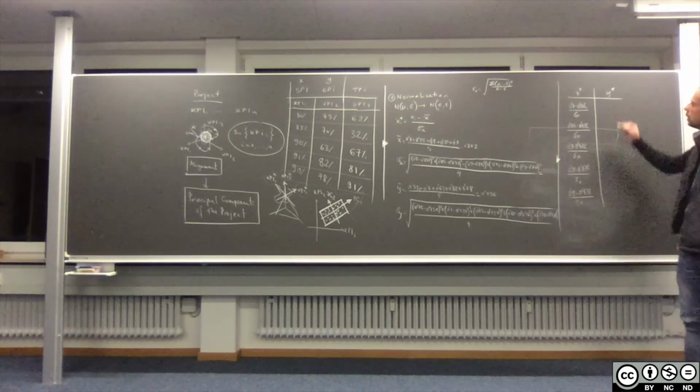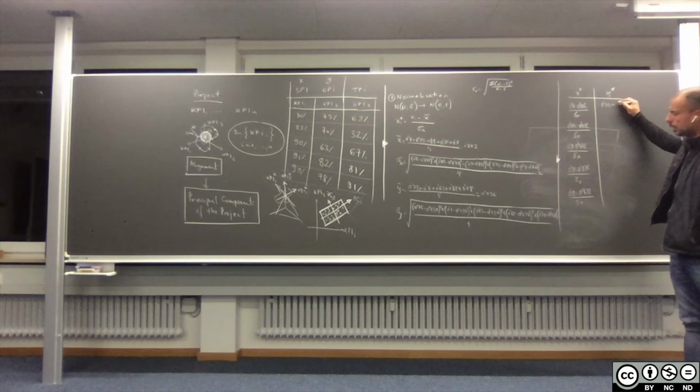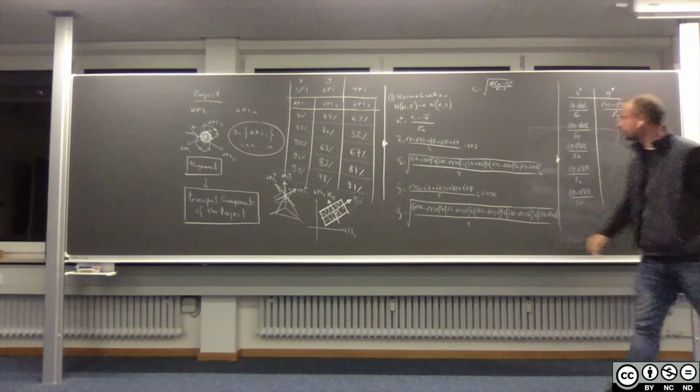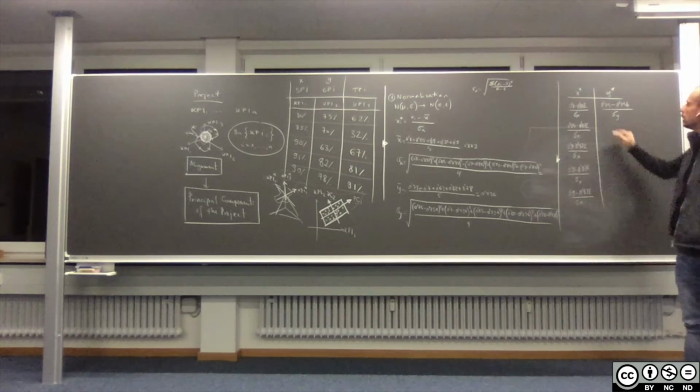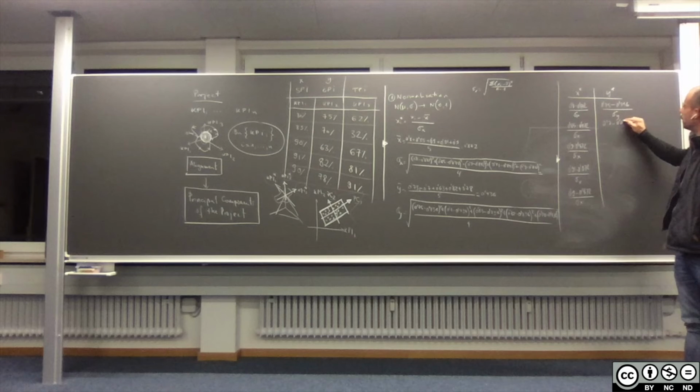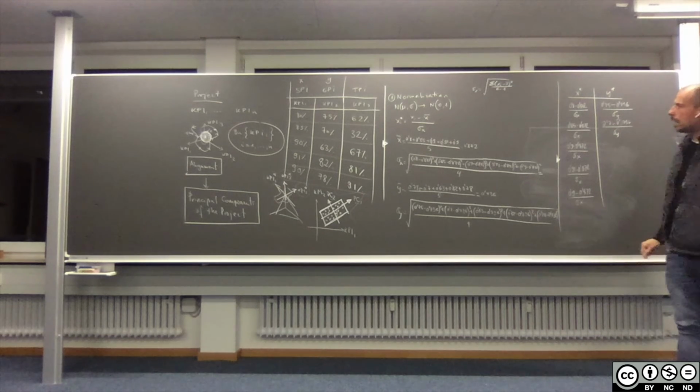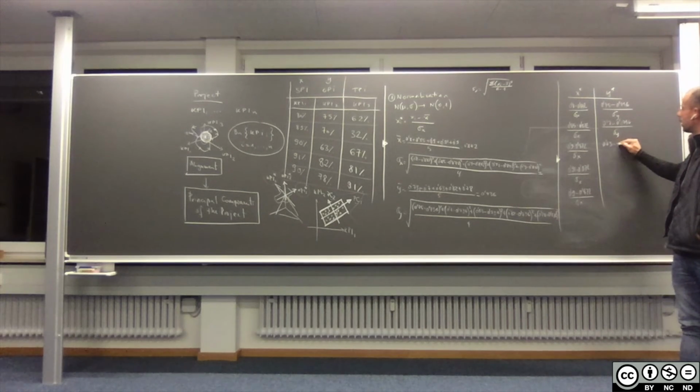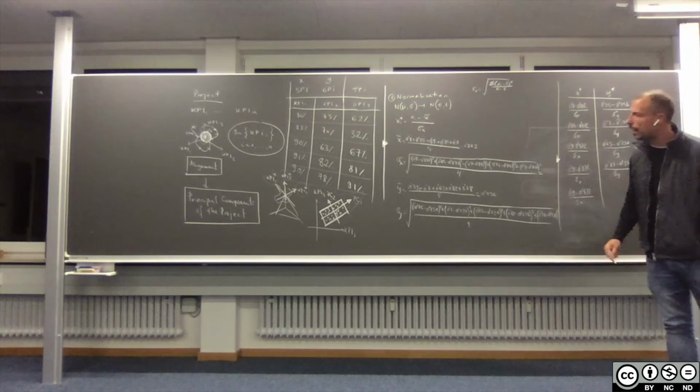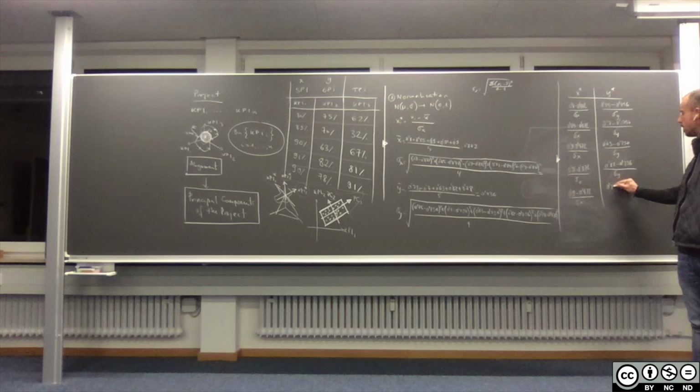And here is the same. 0.75 minus 0.736 divided by whatever number we have here, 0.70 minus 0.736 divided by that number, and 0.63 minus 0.736 divided by the standard deviation, 0.82 minus 0.736 divided by the standard deviation, and 0.78 minus 0.736 divided by the standard deviation.